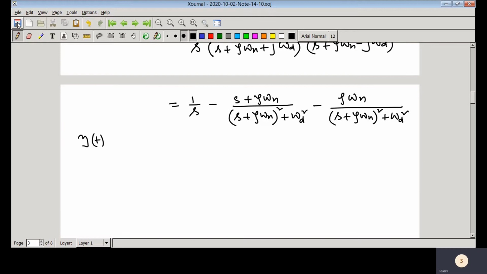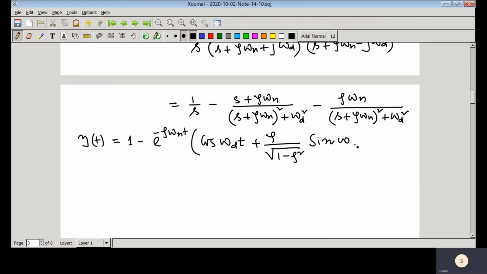So that thing would be 1 minus e to the power minus zeta omega n t, omega d t plus zeta. I would suggest you to remember this particular expression, otherwise you need to derive it all the time.